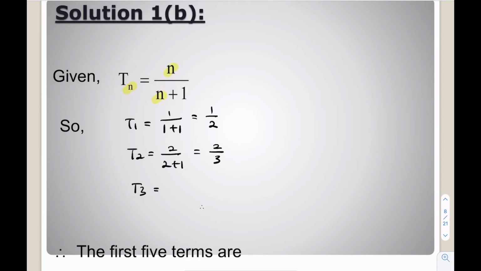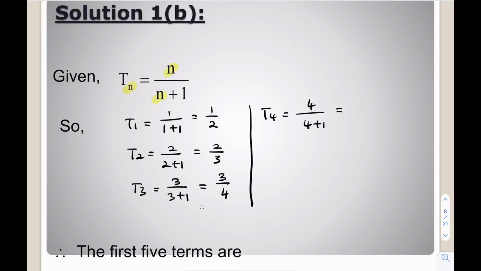T3 equals to 3 over 3 plus 1 is equals to 3 over 4. Next, T4 equals to 4 over 4 plus 1, which is equals to 4 over 5.